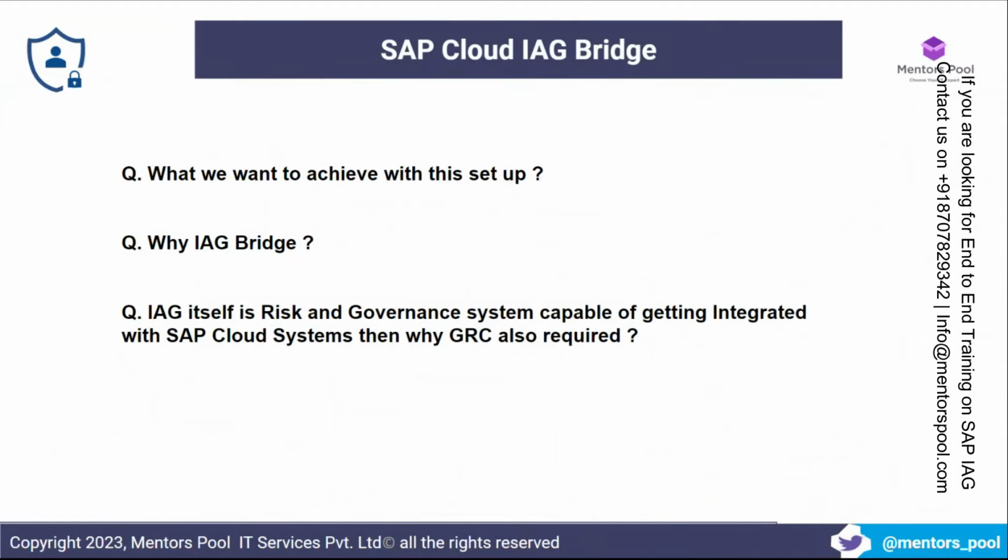The first thing most people have in their mind is what we want to achieve with this setup. Using IAG Bridge, we can integrate SAP GRC on-premise with any SAP cloud system for risk and governance purpose. Then why is IAG Bridge required?